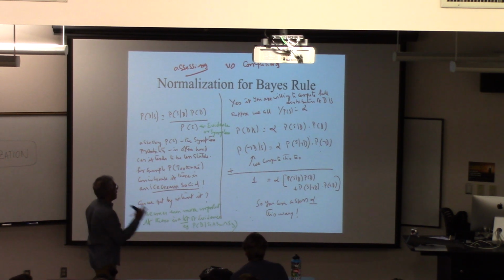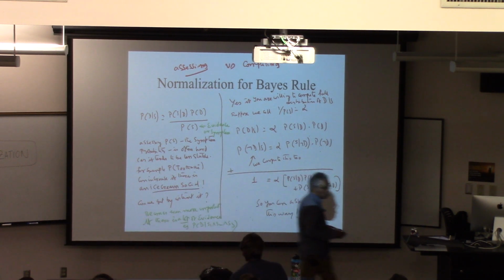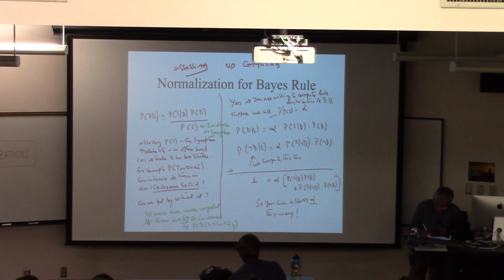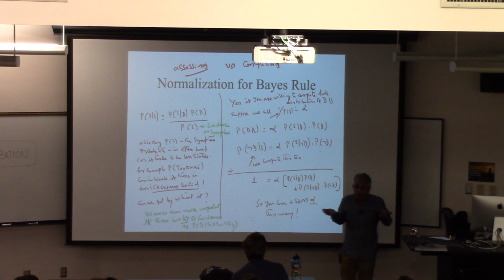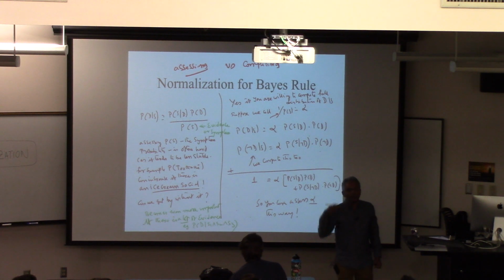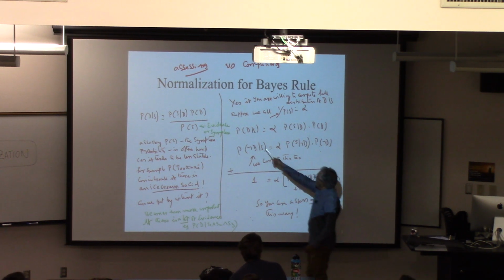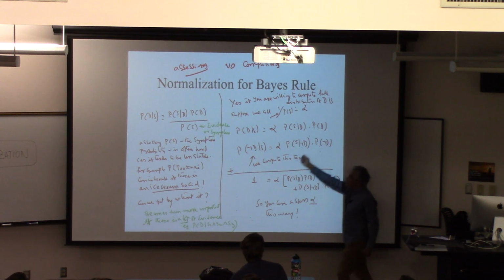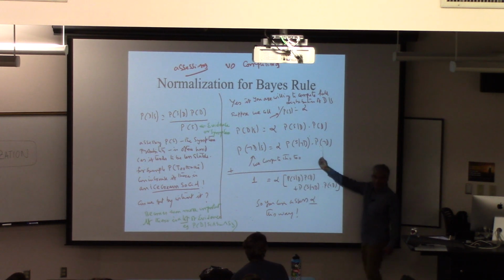If they anyway have to add up to 1, I can assume that 1 over P of S, which I don't like to compute, I just assume it's equal to alpha. Then what will happen is, P of D given S will be alpha times this stuff, and P of not D given S is the same alpha times another stuff.